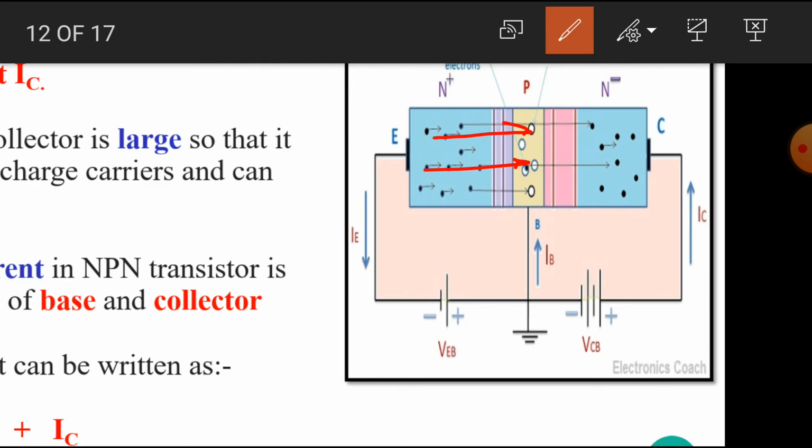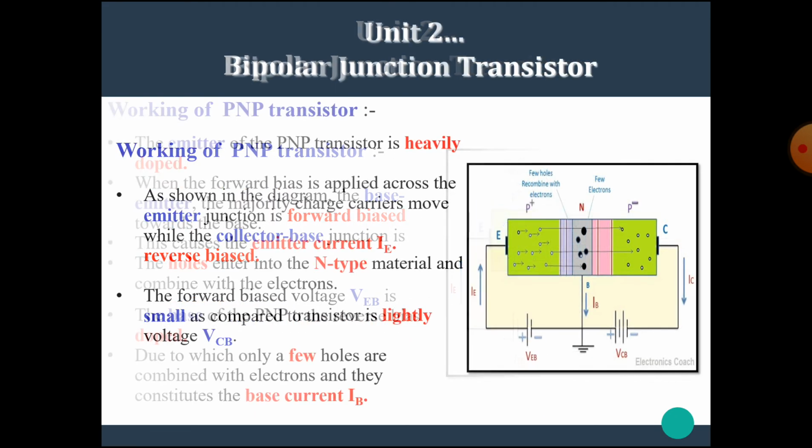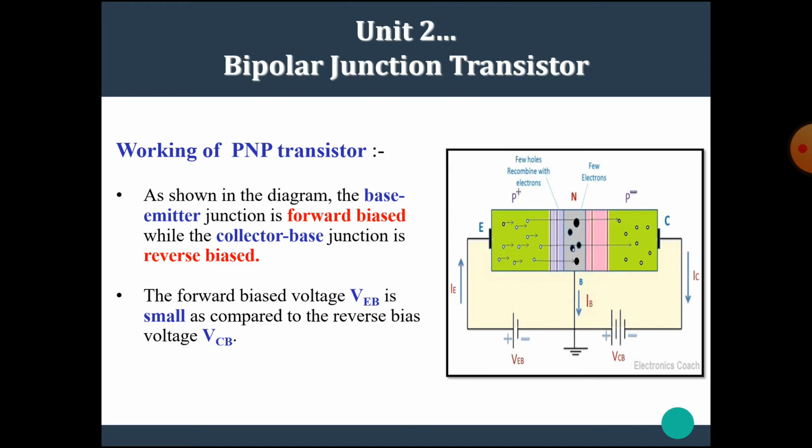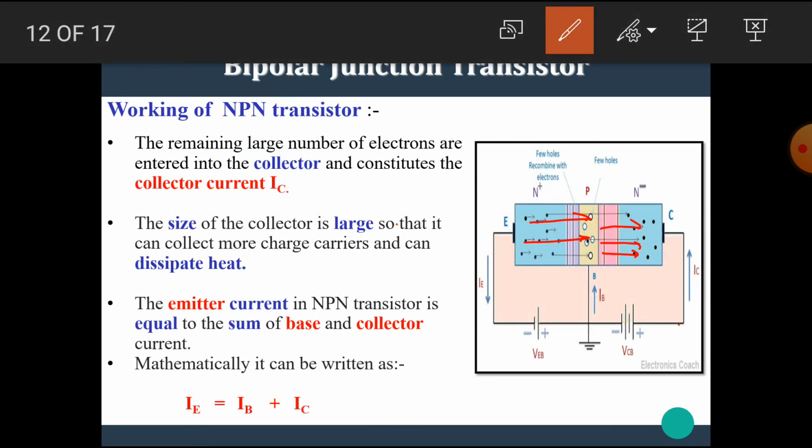Only a few electrons are recombined here and the remaining large number of electrons enter into the collector region and constitute the collector current. The size of the collector is large so that it can collect more charge carriers and can dissipate heat.